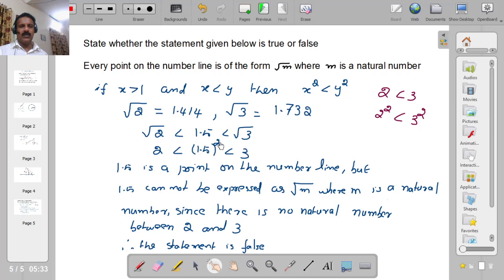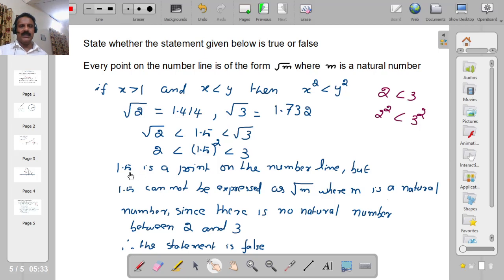So 1.5 squared is not a natural number. Therefore 1.5 cannot be expressed as the square root of a natural number, as 1.5 squared is not a natural number. So this statement is false.